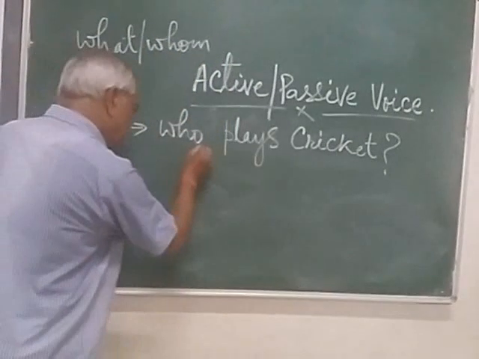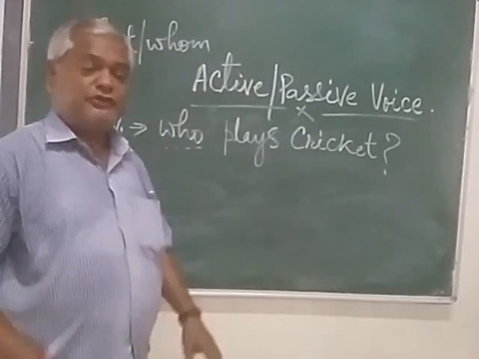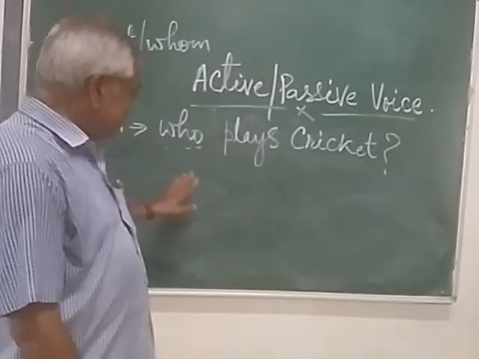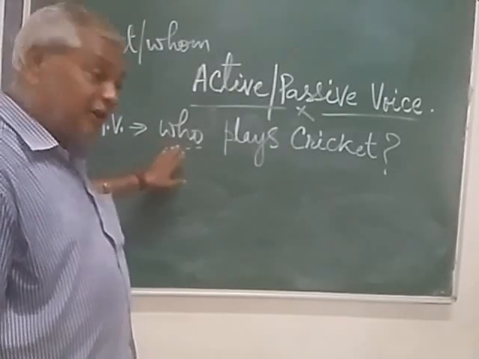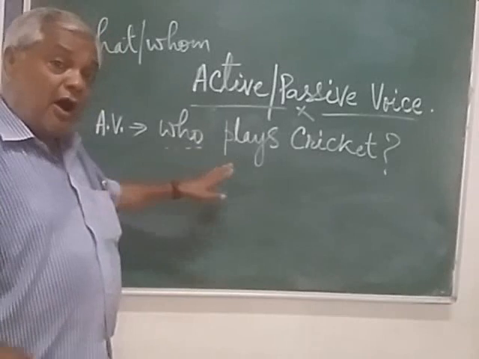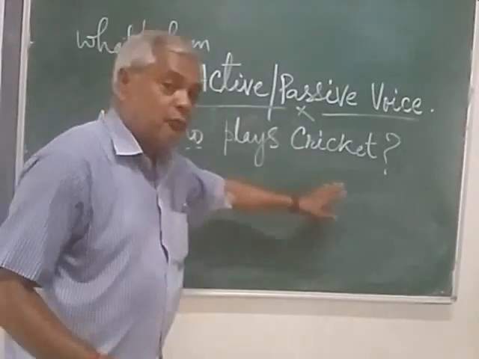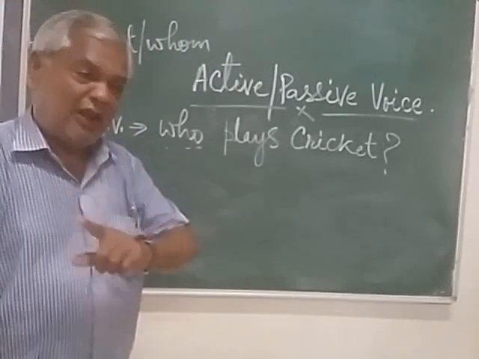So here the word is who. It is also an interrogative sentence with respect to a WH question. Especially wherever a sentence starts with the word who, another structure is given to change it into passive voice in the simple present tense.